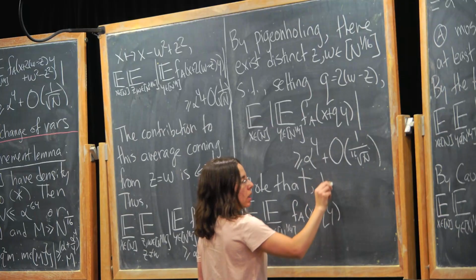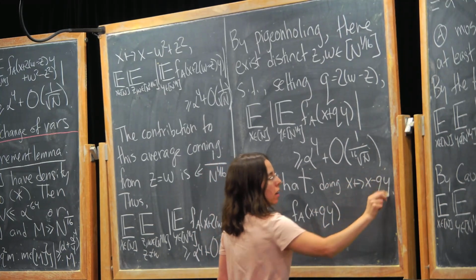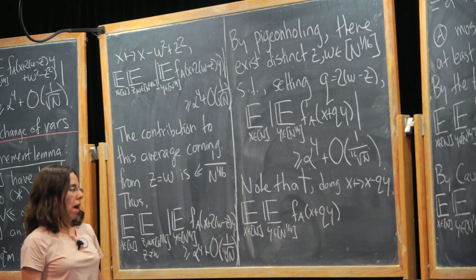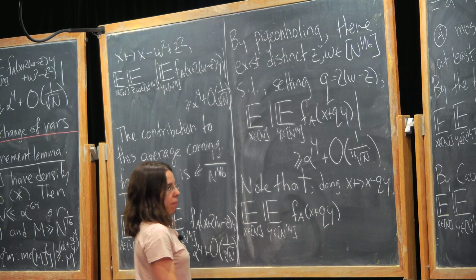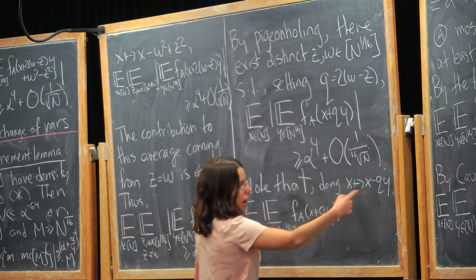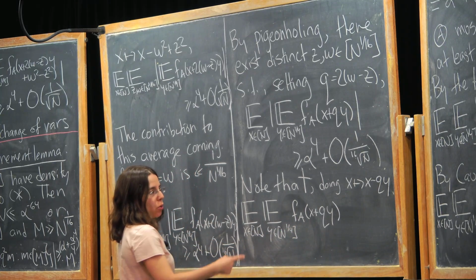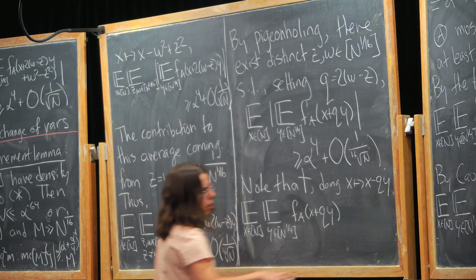If we do x maps to x minus qy, then since q times y is on the order of n to the 5/16, if we make the change of variables x maps to x minus qy in this average, we introduce an error of size at most 1 over n to the 11/16.